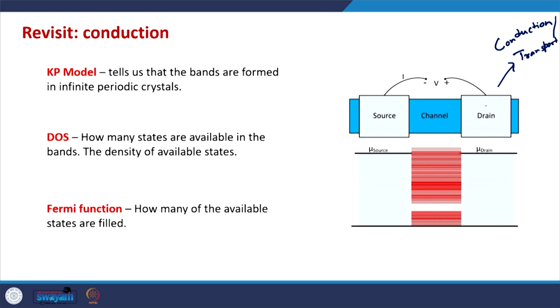The source and drain regions, which are like metallic contacts, are much bigger than the channel region. So, the channel region is in a way a mesoscopic system, and the source and drain are macroscopic.